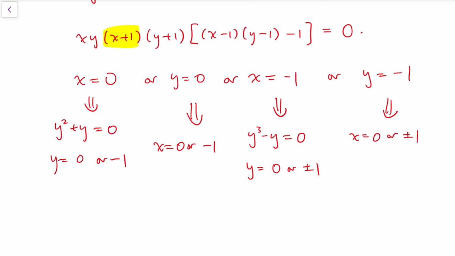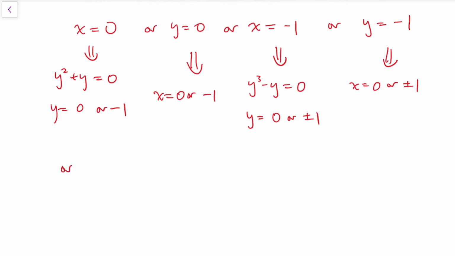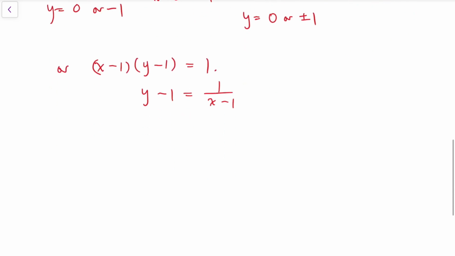And the rest will be (x - 1) times (y - 1) equals 1. From this, I'm going to make y the subject of the equation, which is y - 1 equals 1 over (x - 1), and so y equals x over (x - 1).